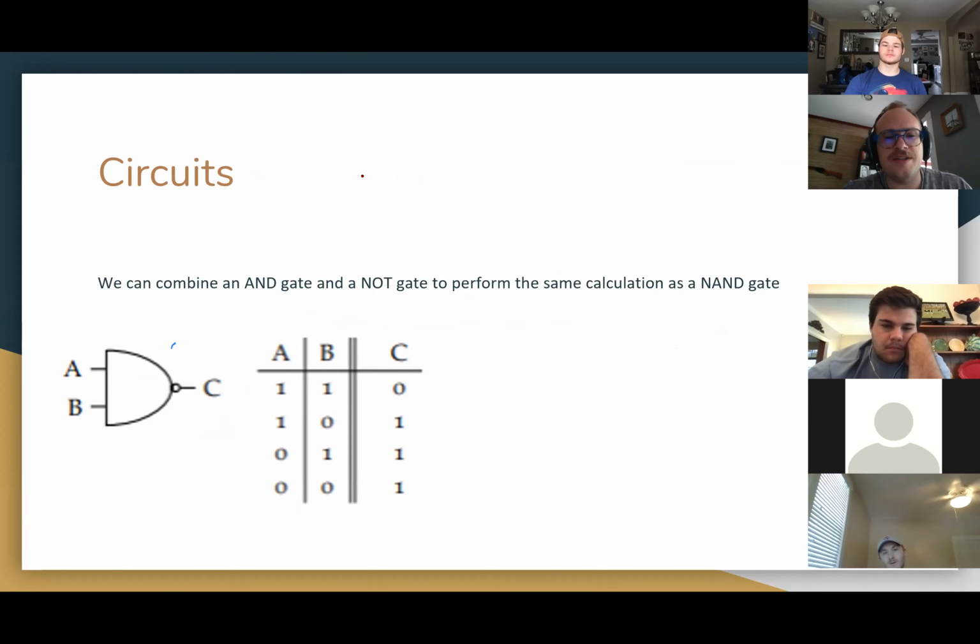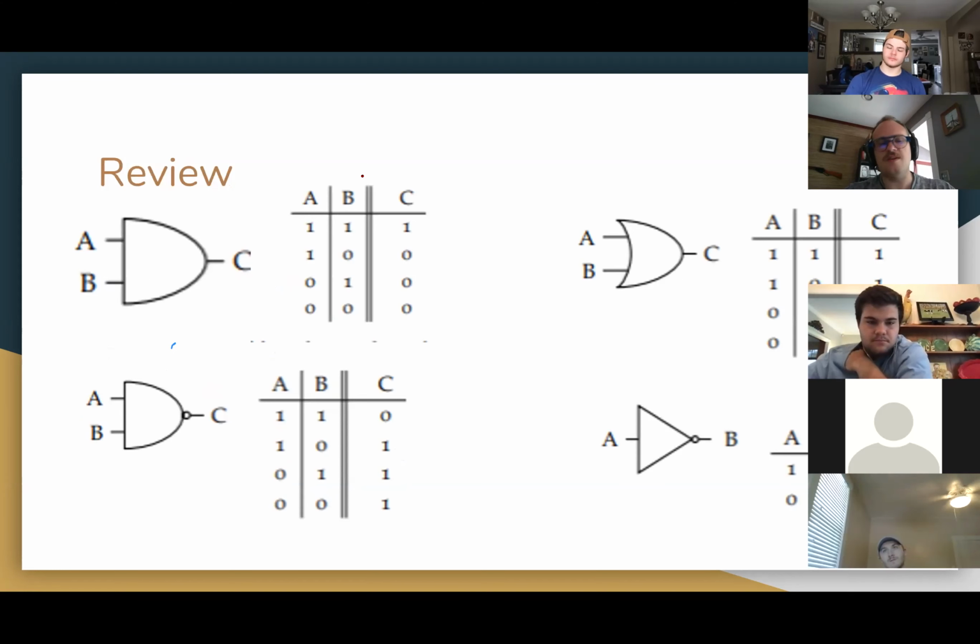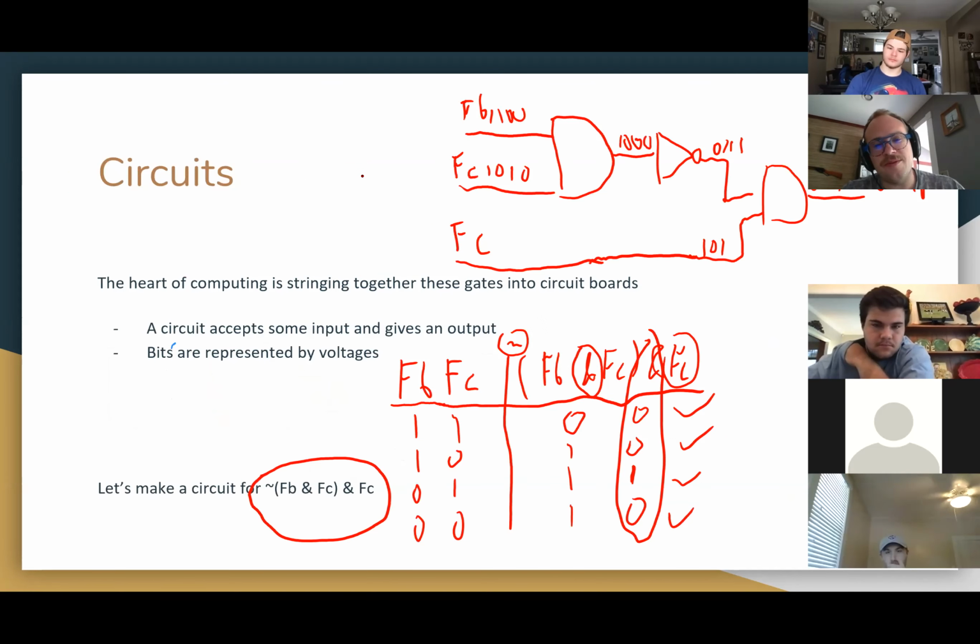Okay, one thing you might have noticed is that some circuits, right, so this circuit that we designed, the functioning isn't unique to that circuit.